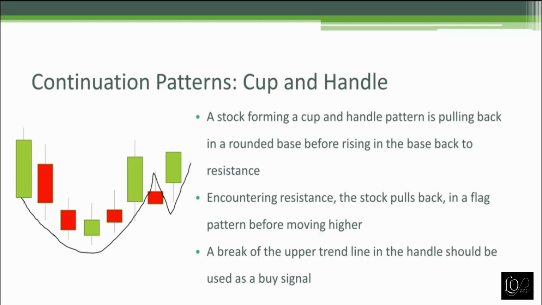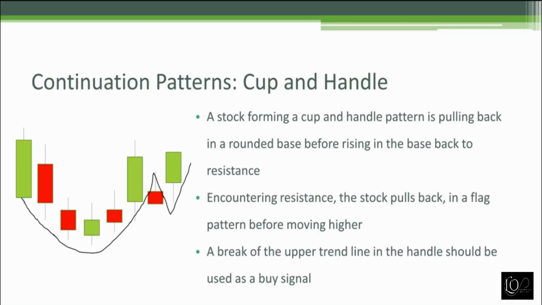Ideally, it will be to around the midpoint between the lip of the cup and the base of the cup, but is often more shallow. And then we'll have a move up in the stock from the downward sloping cup. And when the stock breaks the downward slope, that is the buy signal for the cup and handle pattern.